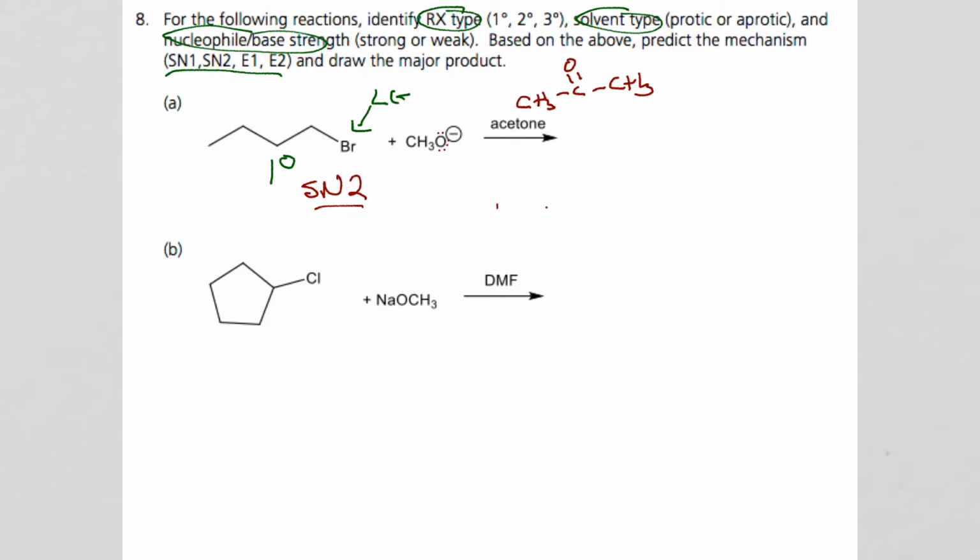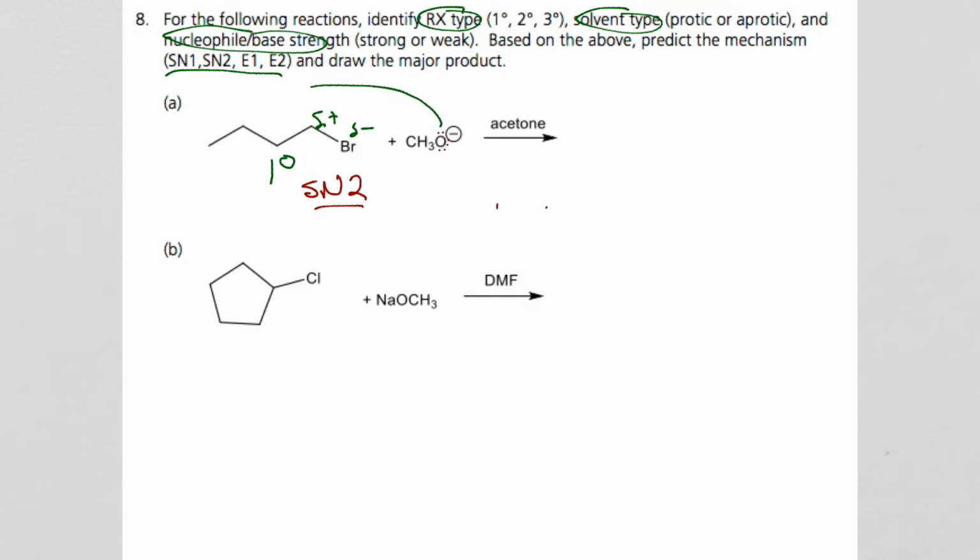We've also got acetone as our solvent, which is polar aprotic, which is kind of hitting this with a sledgehammer to say it's going to go SN2, because a primary substrate isn't going to form a carbocation easily.